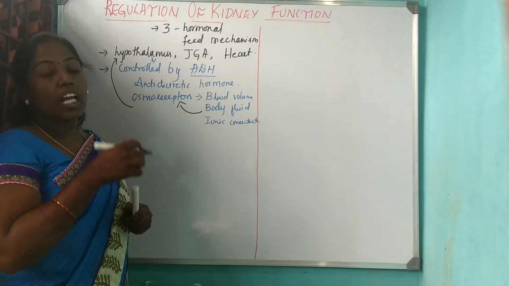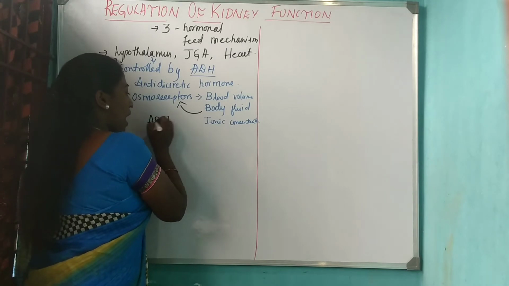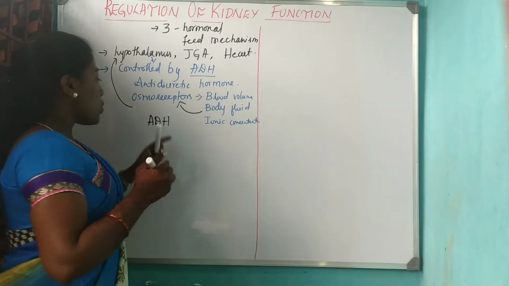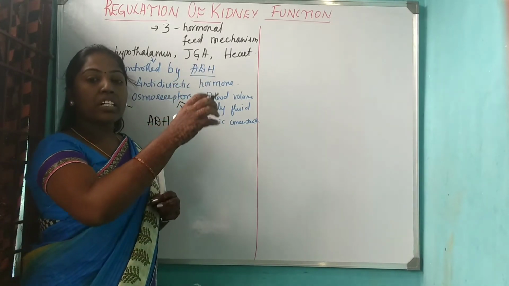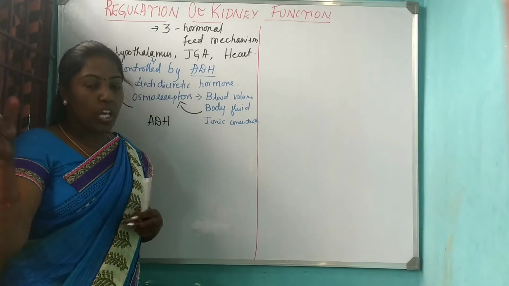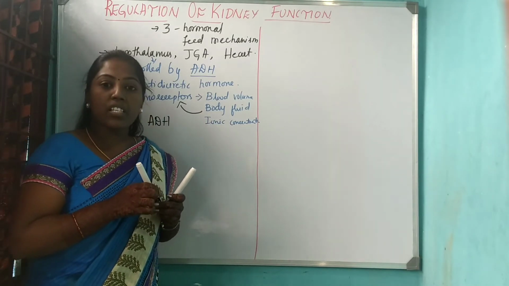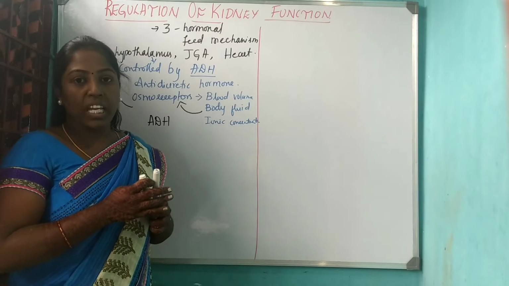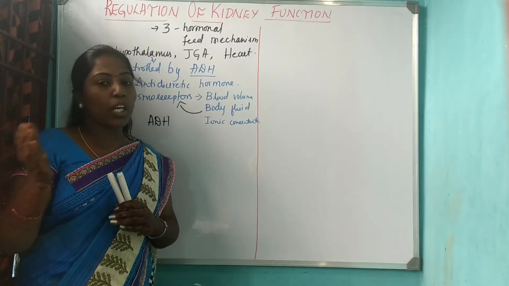Later, the hypothalamus produces ADH, that is, anti-diuretic hormone. This ADH will act on the different regions of the renal tubule and help in reabsorption so that excess loss of body fluids can be stopped, or the process of diuresis can be overcome.